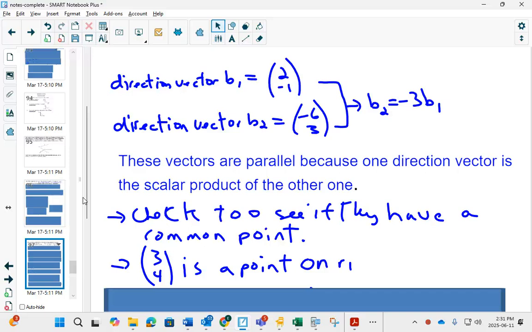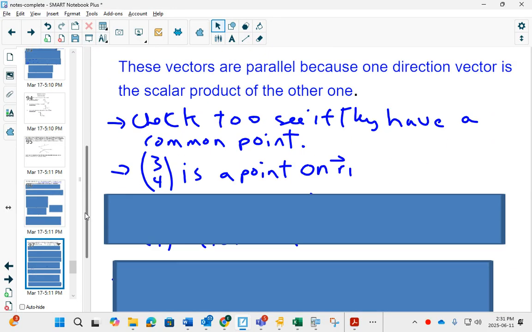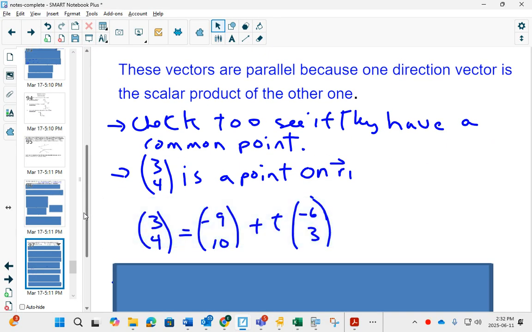And we obviously know that (3, 4) is on R1, because it was told to us initially in the question. So that means, is (3, 4) also on R2? And if we plug (3, 4) into R2, if we find a nice value of t that works, then it's on the line. If we can't find a nice value of t that works, then it's not on the line.